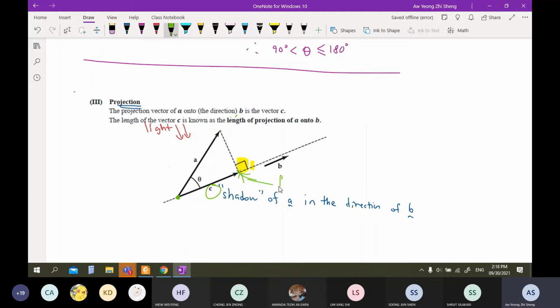This is actually the foot of perpendicular. So if I name this point as P, and if I name the dotted line as L, then this point here is the foot of perpendicular. If I call it F, F is the foot of perpendicular from P to L.